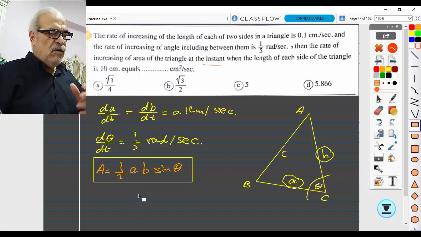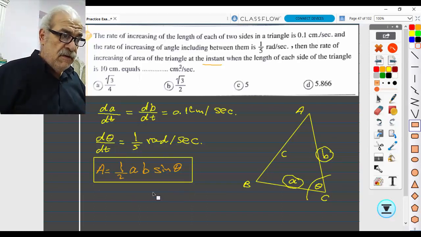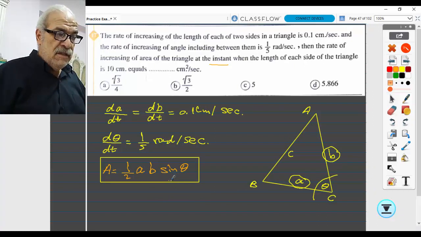This is the area of any triangle: half the product of two adjacent sides multiplied by the sine of the included angle. Now the required here is to find the rate of increasing of the area. So the required here is to find dA/dt.